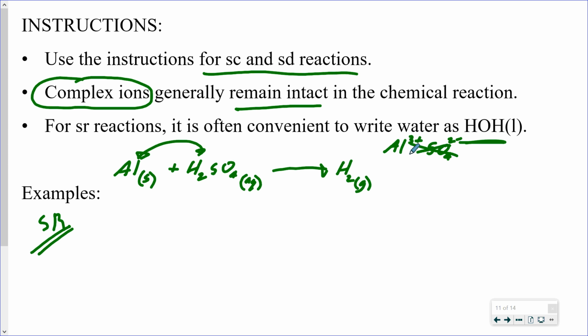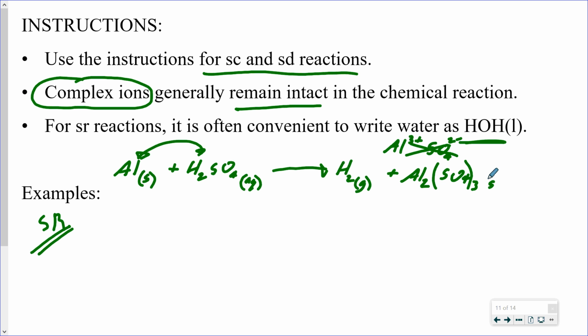Crisscross the charges. So our compound that you would now predict on the product side is going to be Al2. We need brackets here. SO4, and outside of the brackets is the 3 that was on the aluminum.